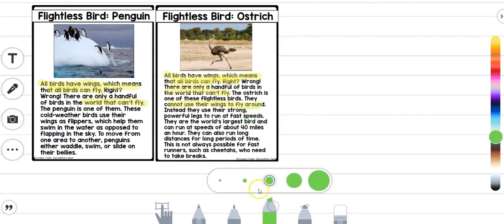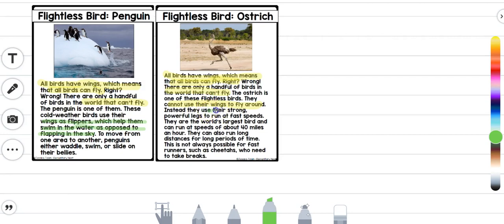Let me try and make this a little bit bigger. There we go. Okay, so they use wings as flippers, which help them swim in the water as opposed to flapping in the sky. Whereas these, they don't really use their wings for much. It doesn't talk about that here.